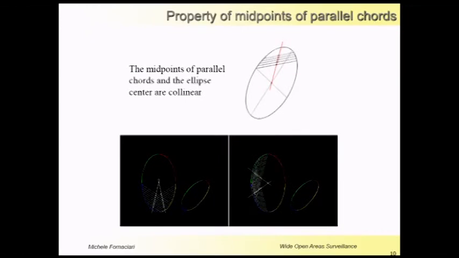The property I was referring to before is that in an ellipse, the midpoints of parallel chords are collinear with the center. Maybe you can see here, if I have 2 sets of parallel chords, parallel in this way and parallel in this way, the 2 lines that pass through their midpoints will intersect in the center. You can see here and here.